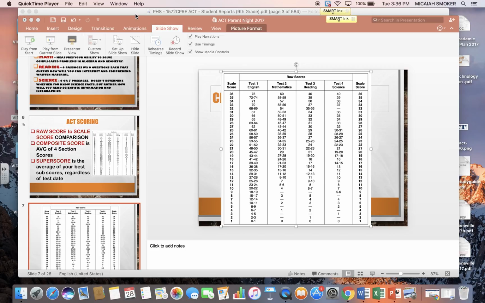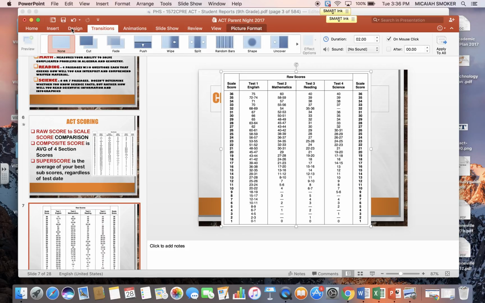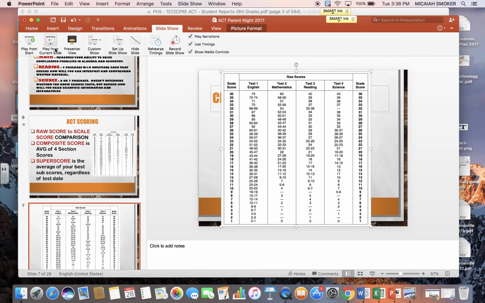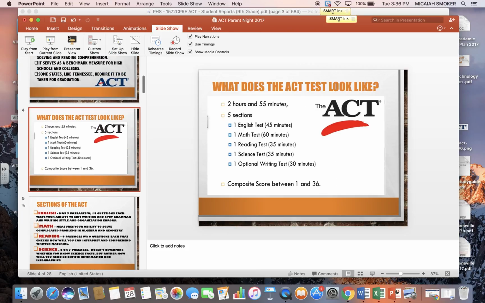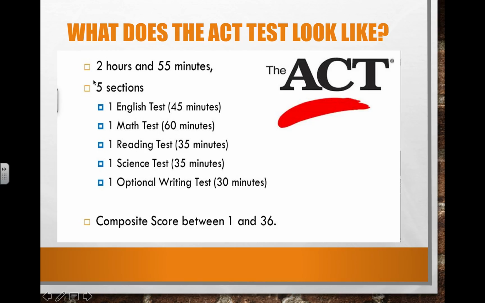The first thing I'm going to start with is an overview of the ACT. The ACT test is approximately 2 hours 55 minutes. There are 5 sections. We usually refer to 4 sections because one is optional, the writing test.